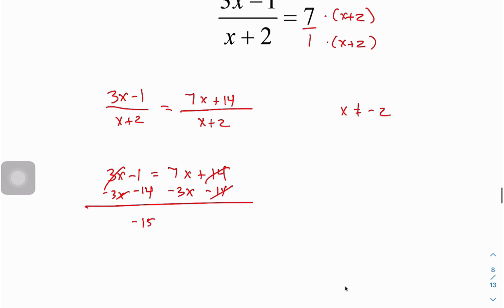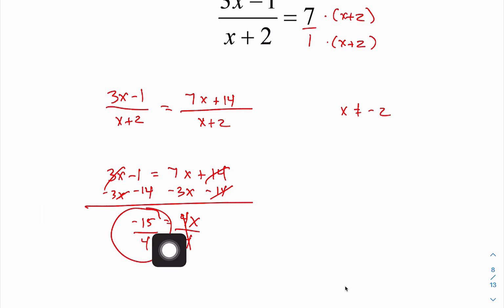We get -15 equal to 4x. Divide by 4. It's not the nicest answer in the world, but there it is right there. -15 fourths, which is not -2, which means it is your solution. Okay? It is not extraneous.